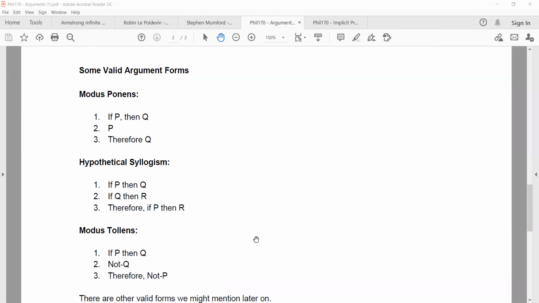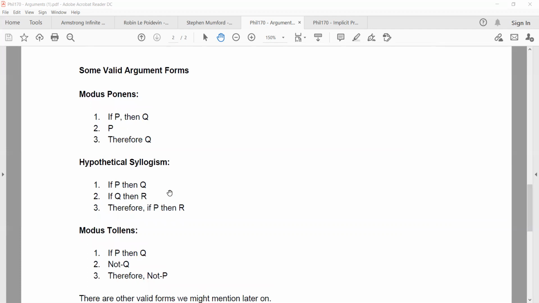So for example, let me give you an example. If I have to teach, then I don't have spare time. If I don't have spare time, then I can't read poetry. Therefore, if I have to teach, I can't read poetry, right?